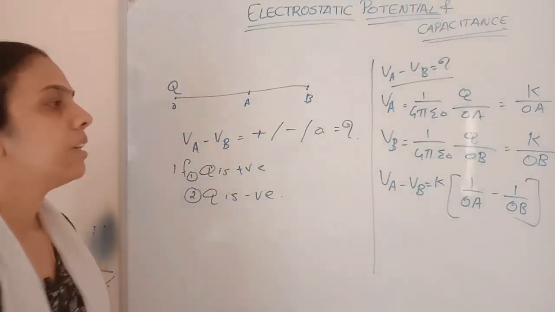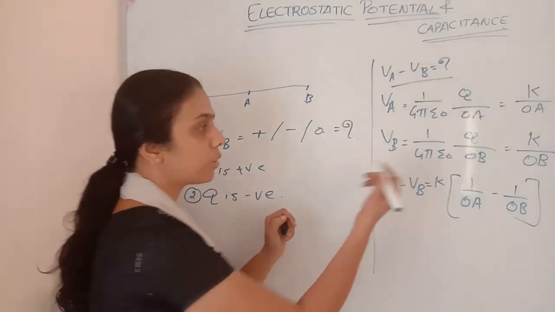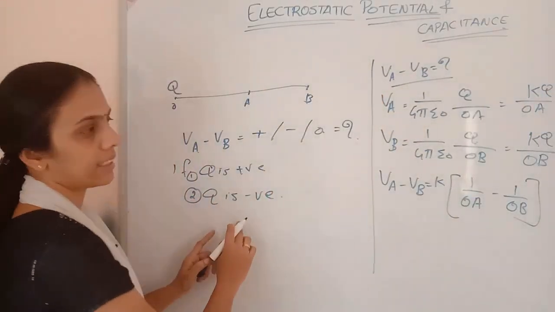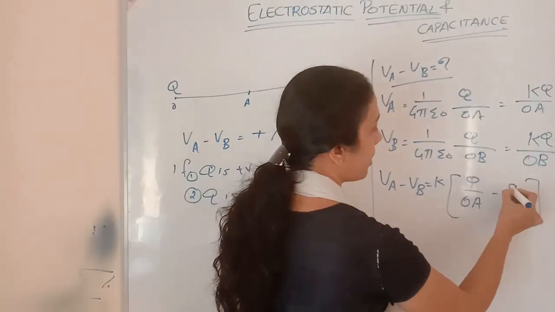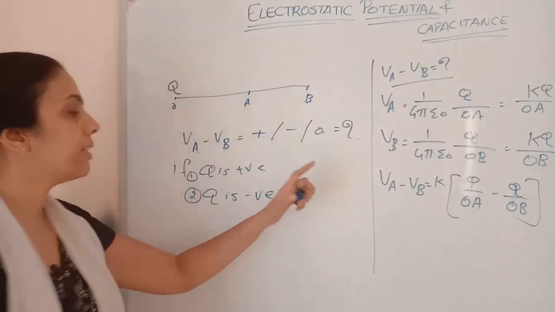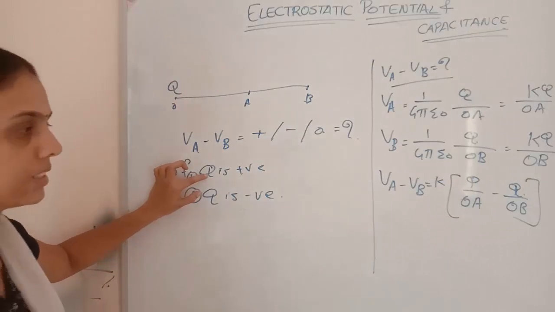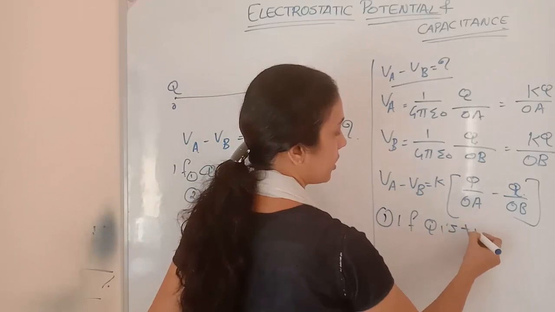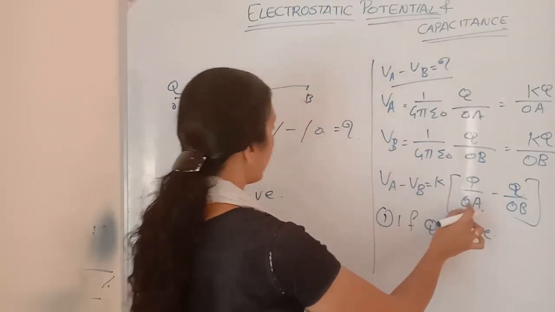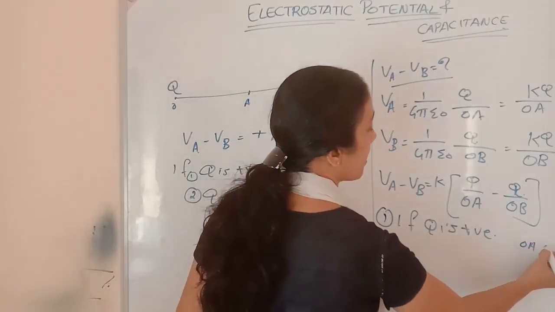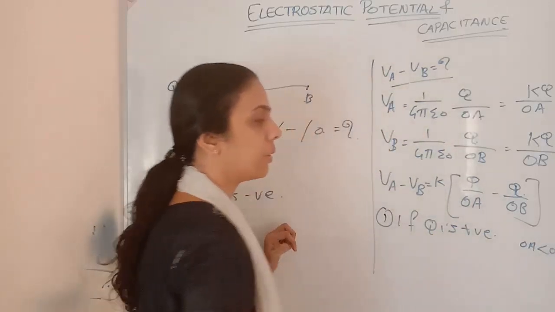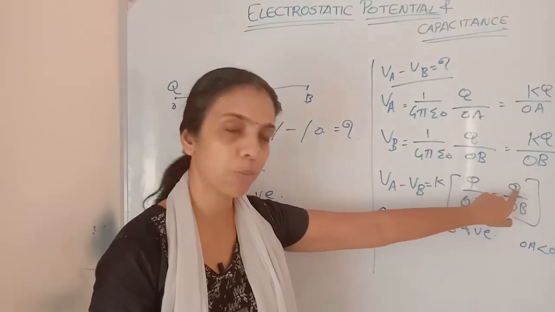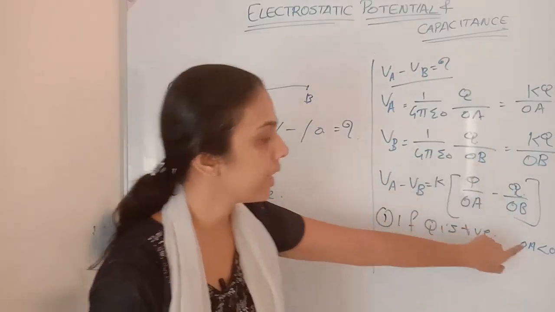Here I am considering KQ, because Q can be positive or negative, so Q by OA, Q by OB. If Q is positive, first question, we know OA is less than OB.